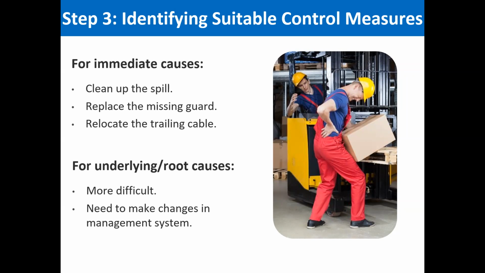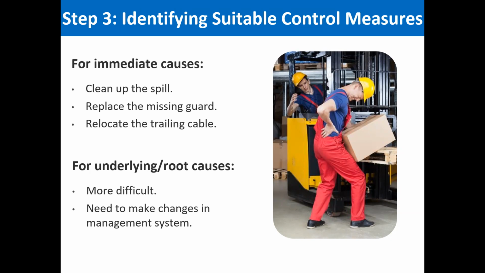If there is oil spilled on a floor and a person slips over it, okay, that's an unsafe condition. So the immediate cause is the spilled oil. Now, what is the immediate action or control measure we need to take? We need to clean that spill so that somebody else does not slip over that spillage. So that's an immediate action to address the immediate cause.